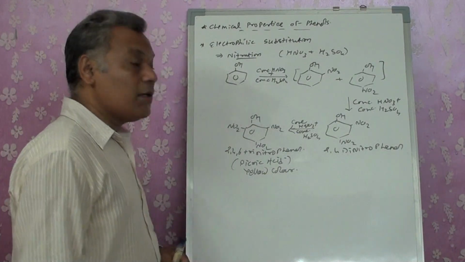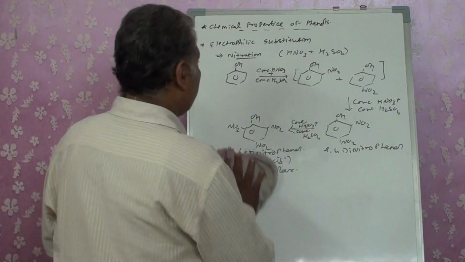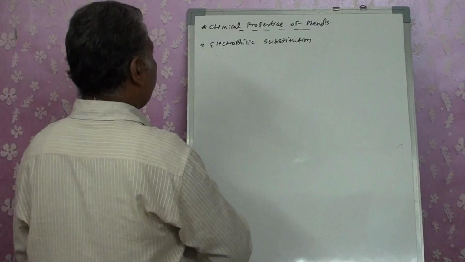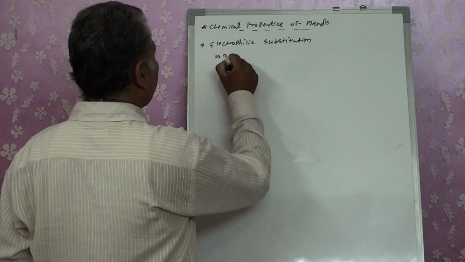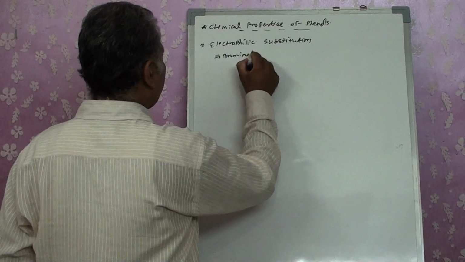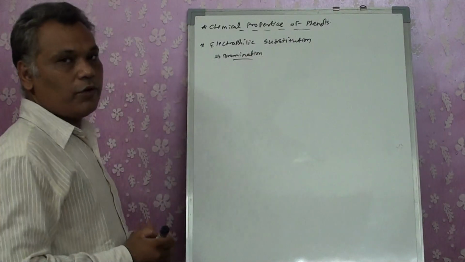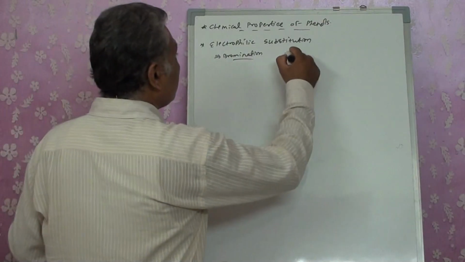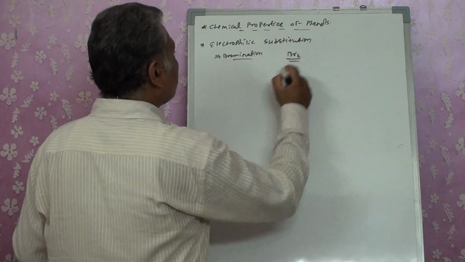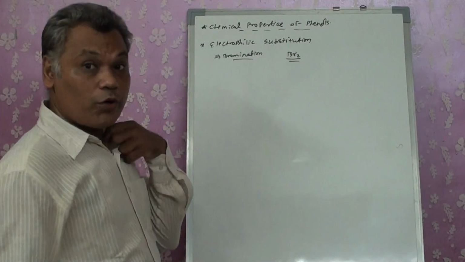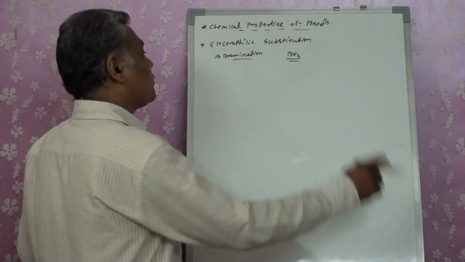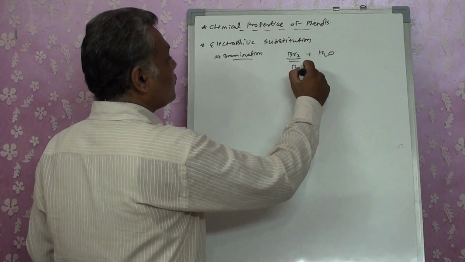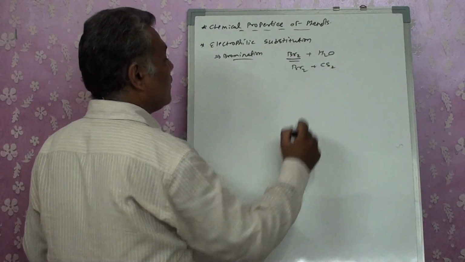Now this was for nitration. Let's take the second one as bromination. Bromination of phenol. When we talk about the bromination of phenol, generally we use Br2. But here, particularly for phenol, we have something exceptional. We can take Br2 in water, or Br2 in carbon disulfide, right?